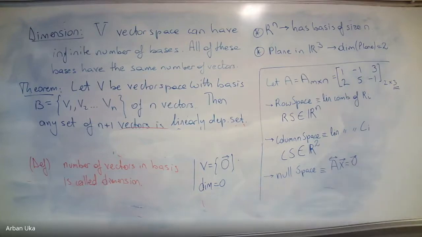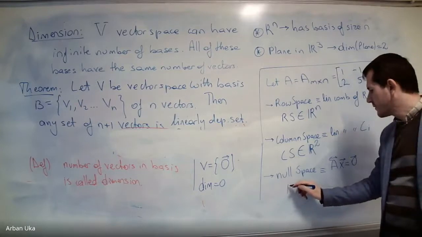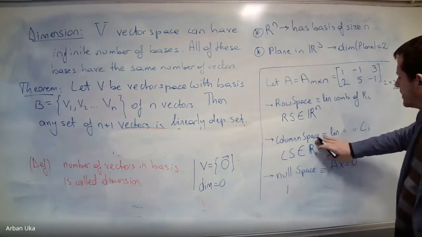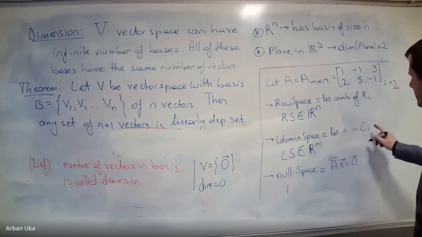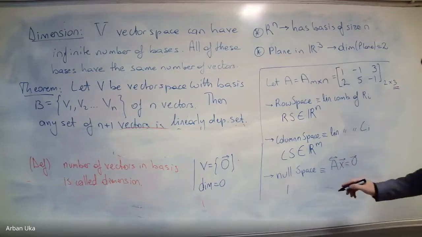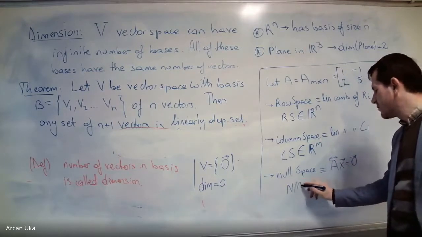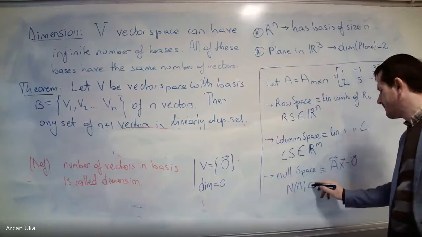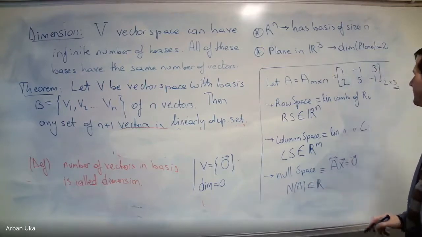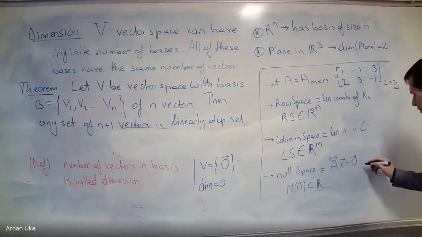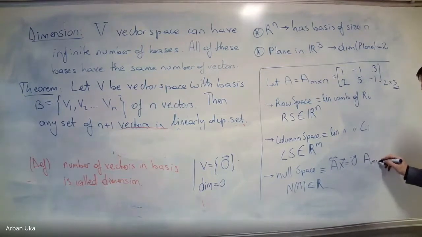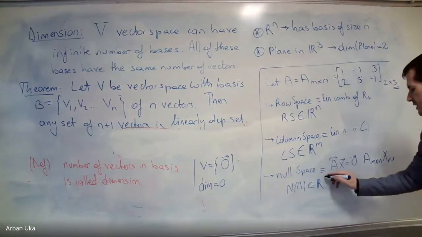And now, the null space is a subset of what? Actually, sorry, I should write Rm in the general sense for the column space. But the null space of A is a subset of what? Let's think for a moment. A, m by n, times x, which is n by 1, so it looks like Rn.